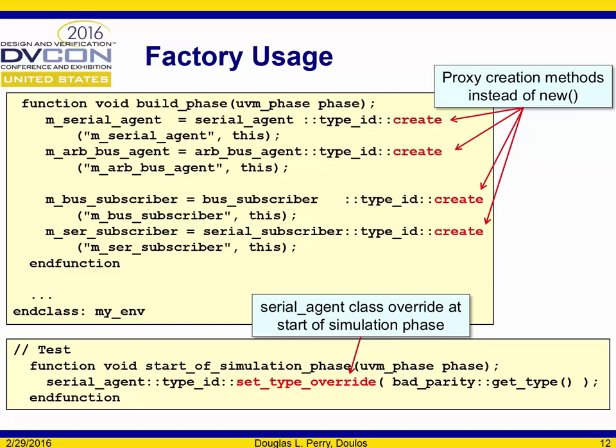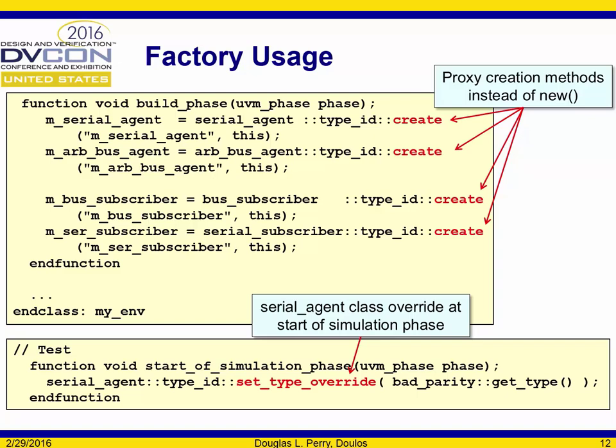Sometime later, let's say the start of simulation phase, after everything's been built and connected, I can go in and say, I want to override that serial agent with one that generates bad parity. Now I can check that my design does the right thing when I send it stuff with bad parity. So you need to register your serial agents with the factory, and then you can override them by a particular test.